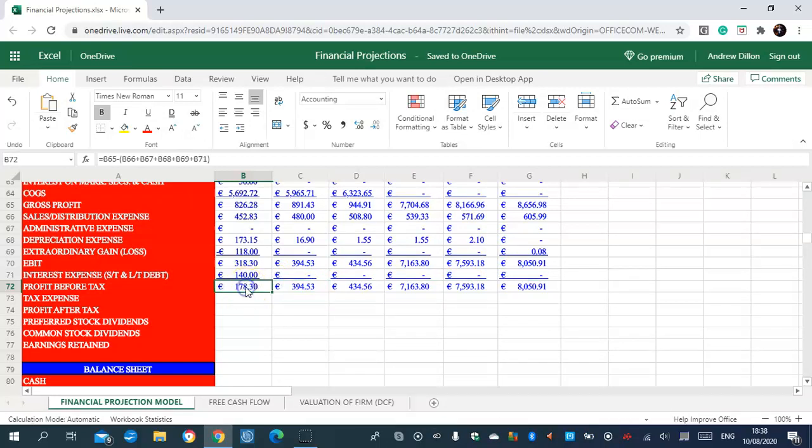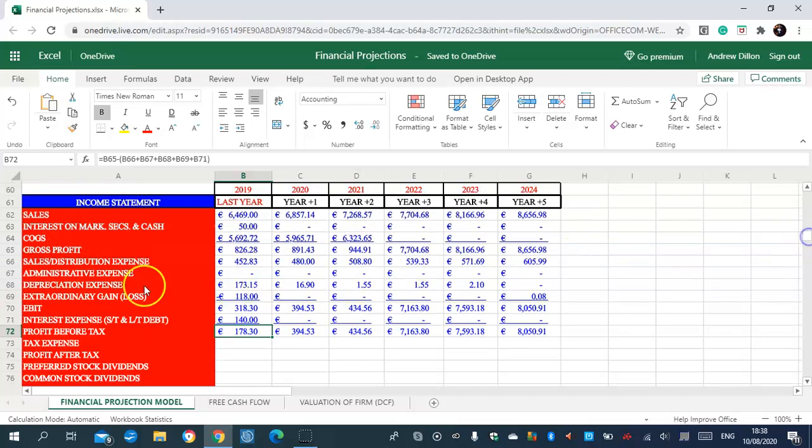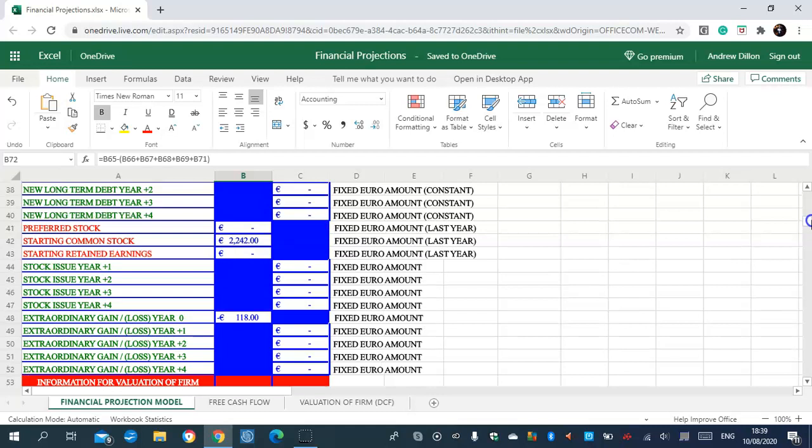Okay, so we're running out of time, and now we'll continue and finish off this section in the next video, and then move on to the balance sheet. So that's how it's going so far. It's going very well. Income statements, how to calculate the financial projections, is very common when you work with finance.